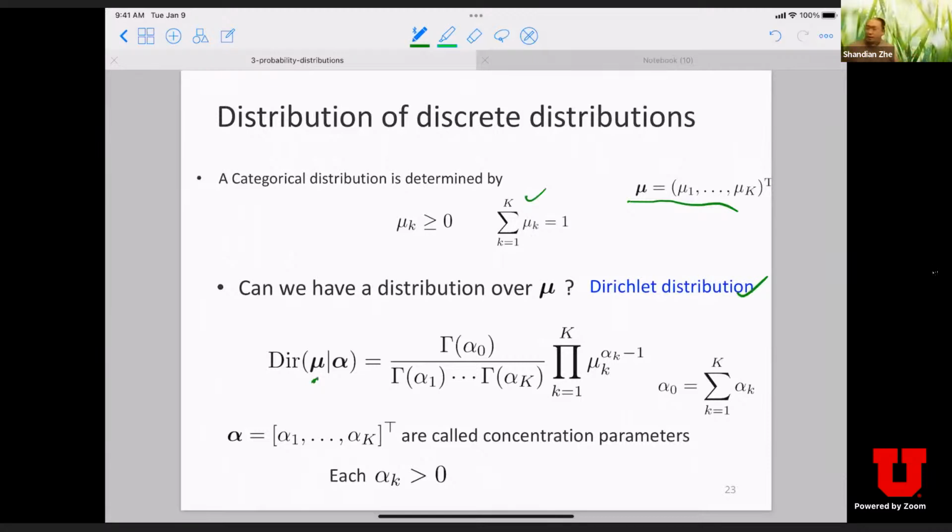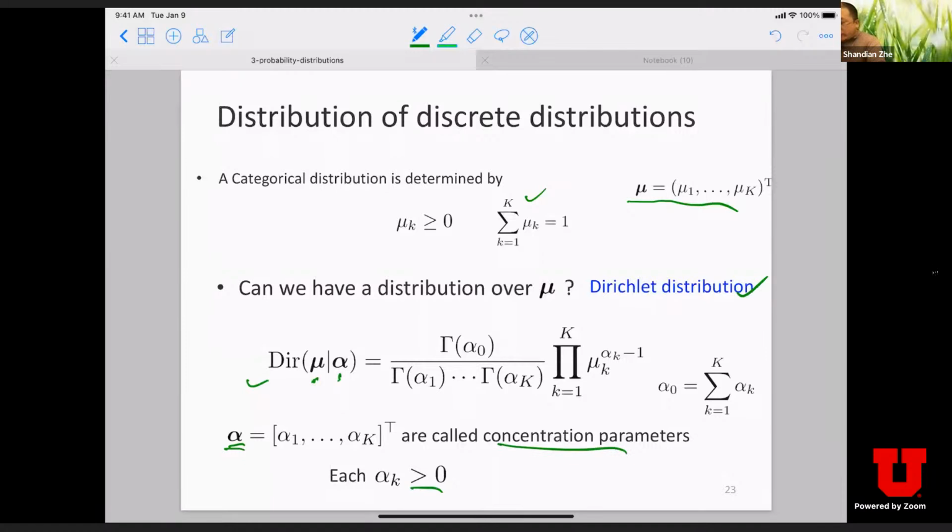So this is a form of a Dirichlet distribution. It is parameterized by an alpha vector of the same dimension as mu. So your mu vector contains K possible values, then your alpha vector contains K values as well. Each element in this alpha vector is positive, and this alpha vector is called the concentration parameters.